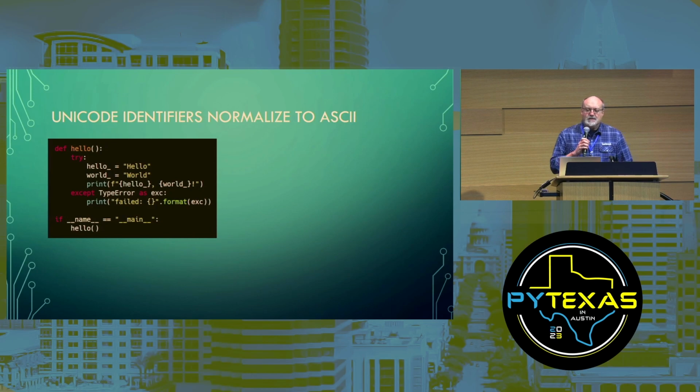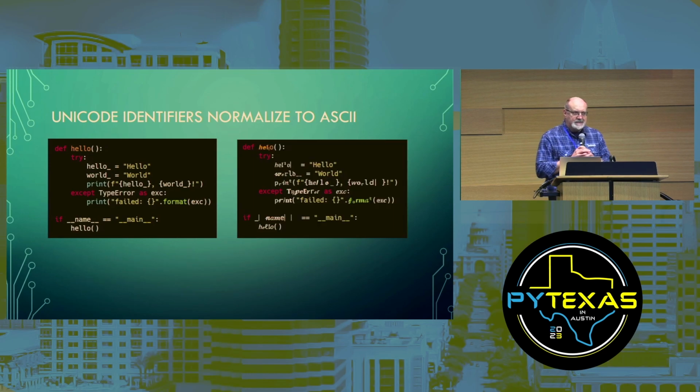We also did some analysis on Unicode characters, normalization of Unicode down to ASCII. And here we have just a pretty standard hello world, a little verbose maybe. This is the exact same program using Unicode characters, and in fact, this will run identically with that one on the side, because Python will normalize identifier Unicode characters back to normal ASCII.